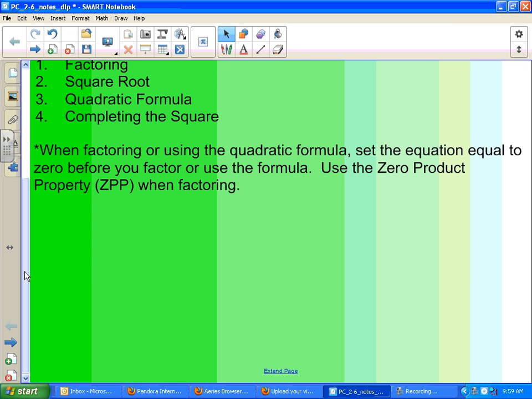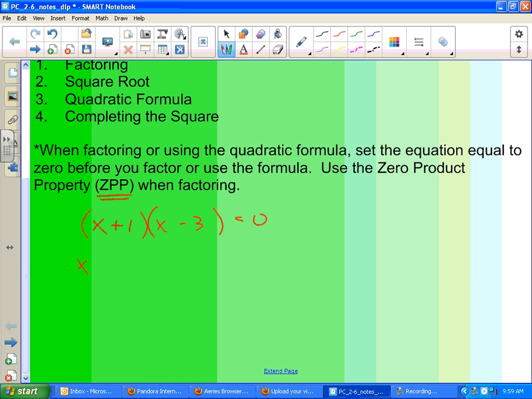The zero product property, remember this, is where I end up with a product equal to 0. I'm just going to make something up here. If we had factored one of our quadratics into this, then the zero product property would say, each of those parentheses we would set to 0 and find the x that makes that thing true.